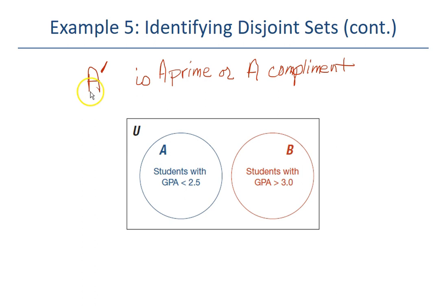Now, the symbol for A with a little slash, it's not an exponent, it's not a 1, it's a little slash there. This is A prime, or I like this one better, A complement.